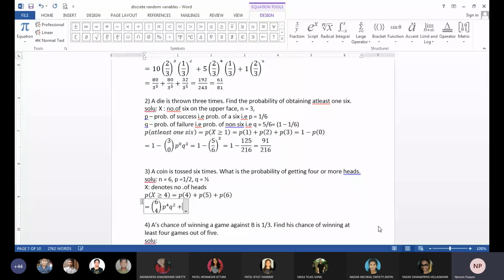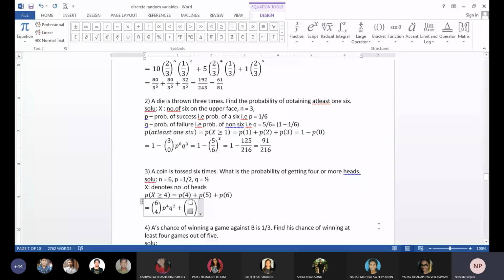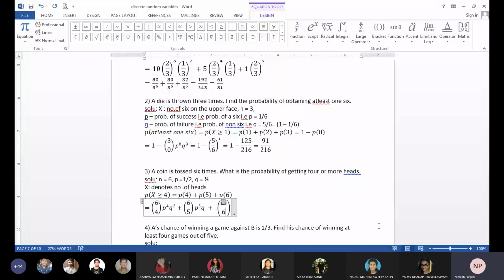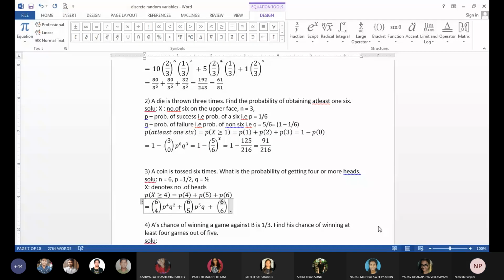Then you have 6C5, sorry, p raised to 5 multiplied by q. Then you have 6C6 p raised to 6 into q. This much is clear.